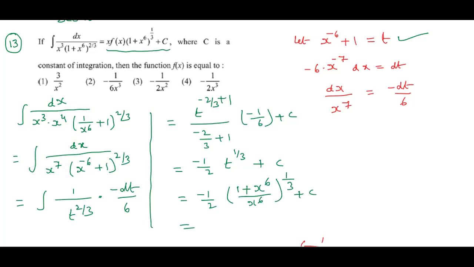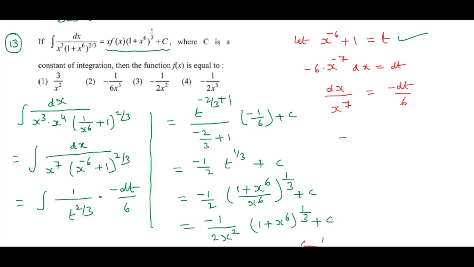Now x power 6 in the denominator, take outside, 1 by 3 is there, we get x square term, that is minus 1 by 2x square into (1 plus x power 6) whole power 1 by 3 plus c.